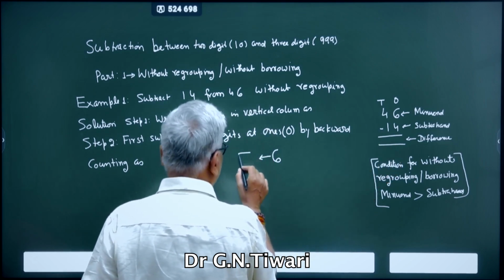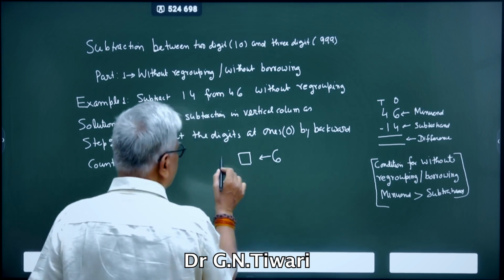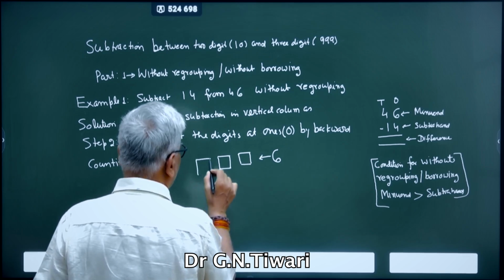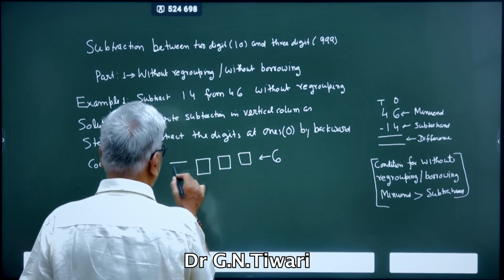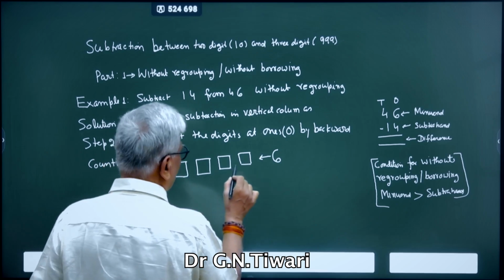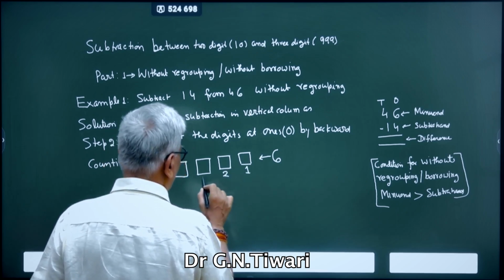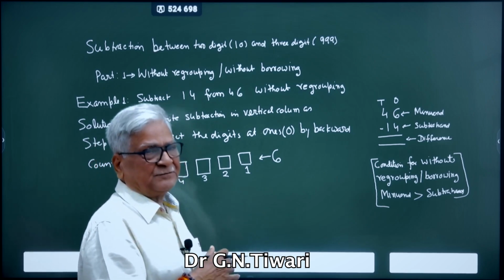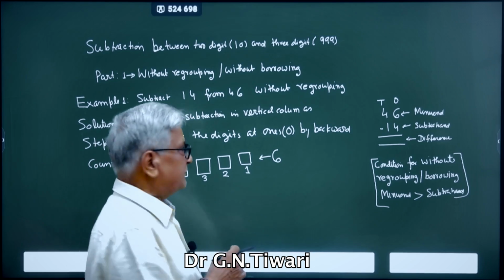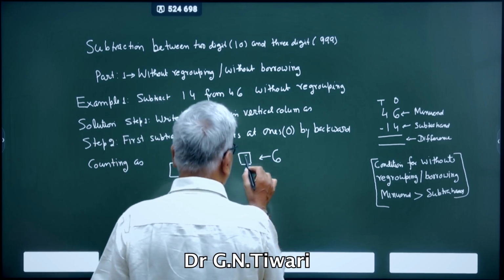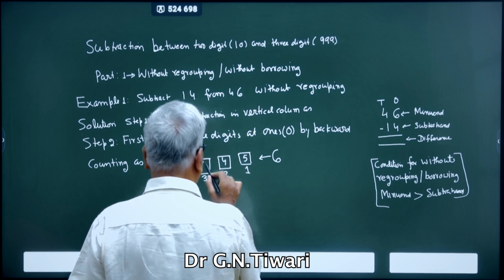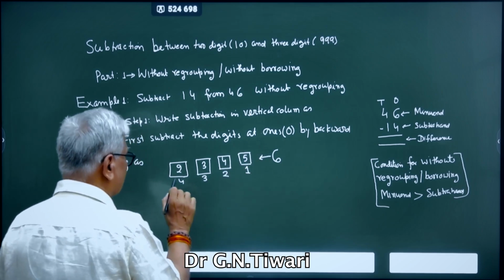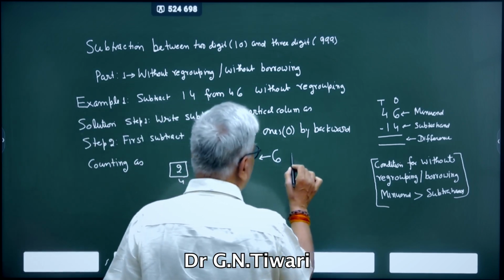So make 1 block, then 2 block, then 3 square, then 4 square. 1, 2, 3, 4. And since it is a subtraction and we should do backward counting, just before 6: 5, 4, 3, 2. That means if you subtract 4 from 6, the result will be 2. So here you can say equal to 2.